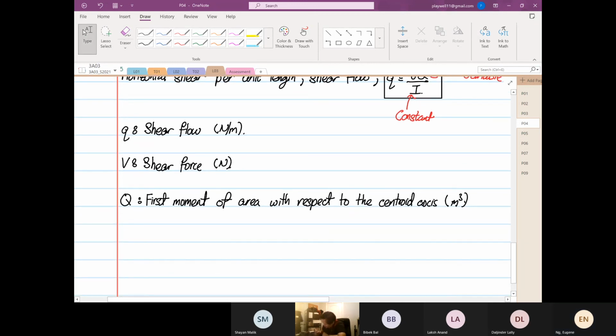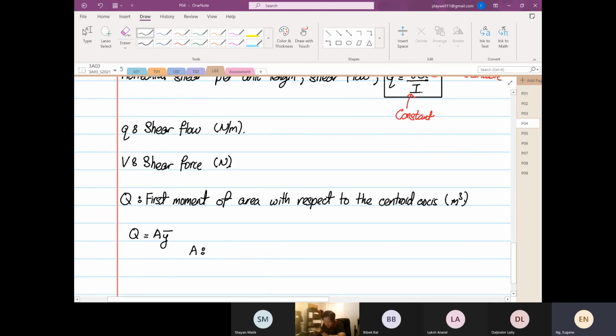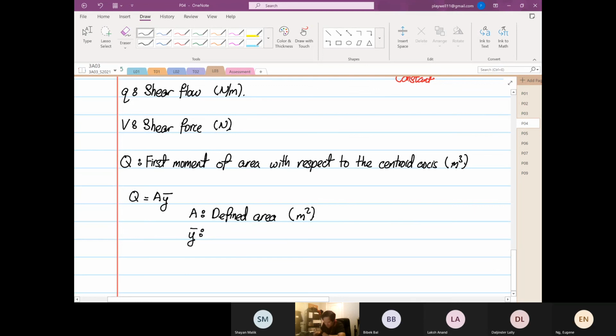The formula is Q equal to A y bar, where A is the defined area, in meter squared, and y bar is the distance of the defined area centroid to the centroid axis.